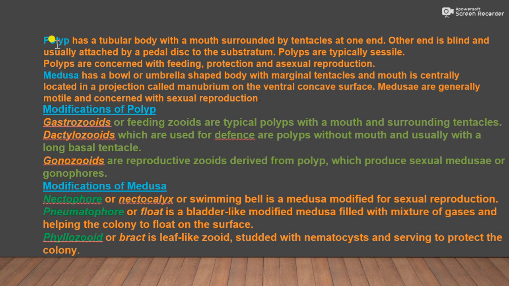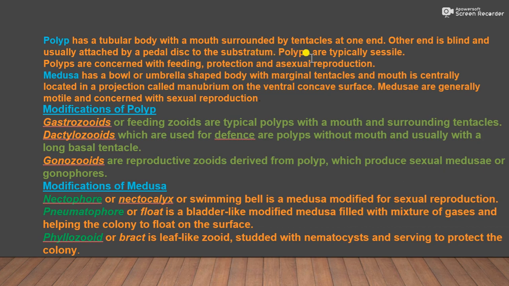What is a polyp? A polyp has a tubular body with a mouth surrounded by tentacles at one end, and the other end is blind and usually attached by a pedal disc to the substratum.